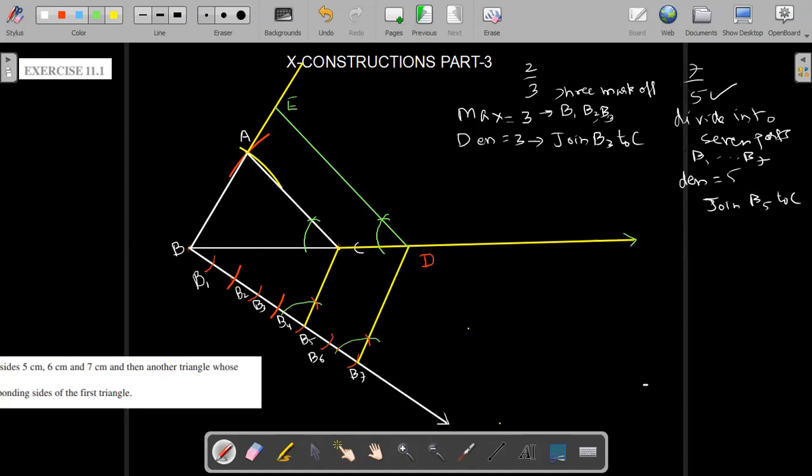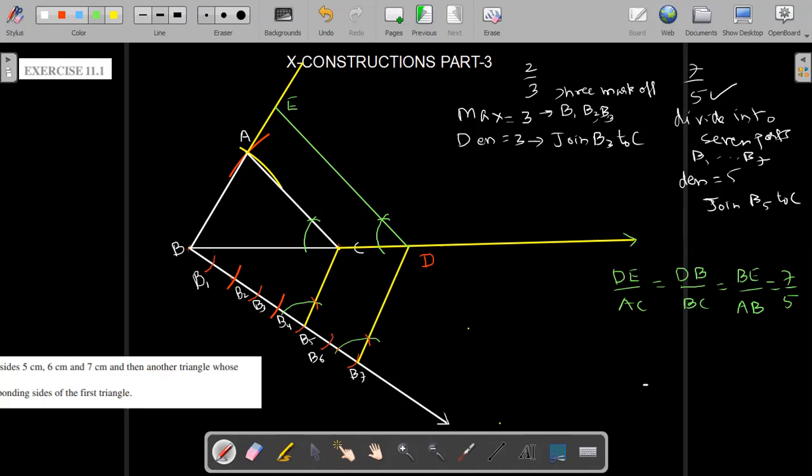Means you will have the justification. You can say that the ratio of the side DE upon AC, DB upon BC and BE upon AB is equal to 7/5.